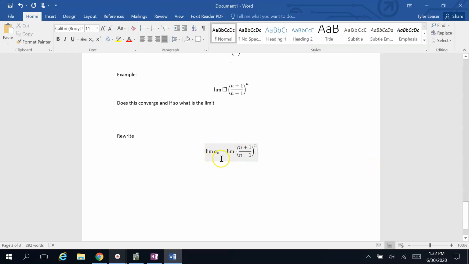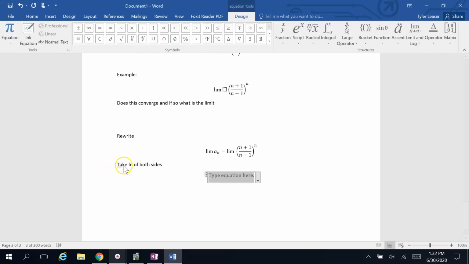The reason I'm defining it with a sub n is that now we're going to take the log of both sides, the natural log. I guess it doesn't really matter which log you take, but I like natural log better. So now it's going to be the limit of the natural log of a sub n on the left-hand side, equal to the limit of the natural log of that awful thing, n plus 1 over n minus 1, all to the n.